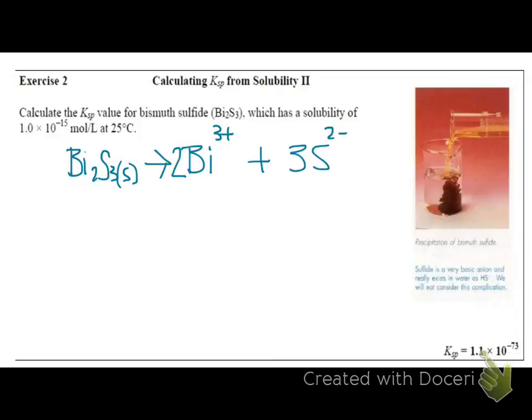Okay? So when we write our KSP, it's going to be bismuth raised to the 2nd power, and then sulfide raised to the 3rd power. Oops, excuse me, 3rd. I looked at that minus 2. 3rd power. Okay? Now we're going to plug this in.